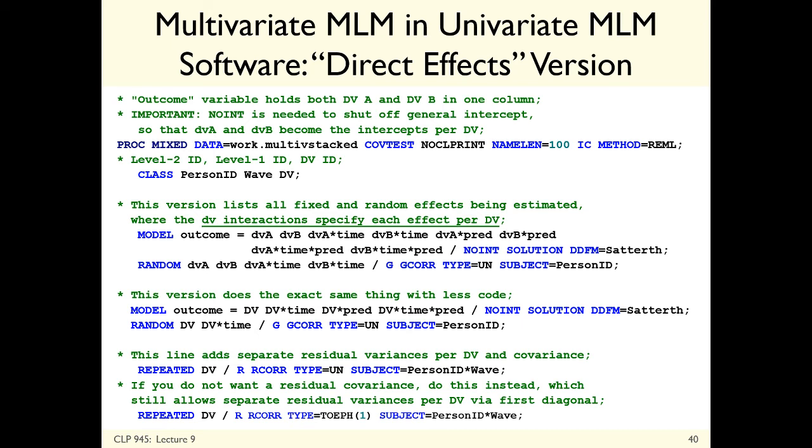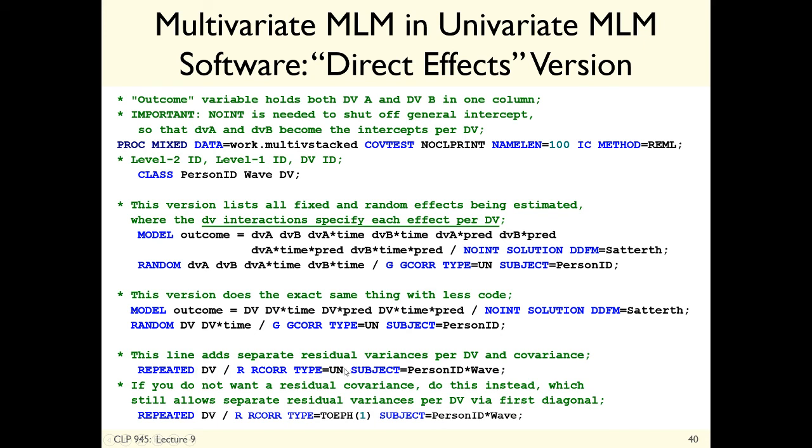And then last but not least, the R matrix is going to be different than what we've seen before. Typically, subject has been person on these, but we have changed it to be person by wave. So these residuals are for the two DVs within an occasion. That's why we have DV on the line here.